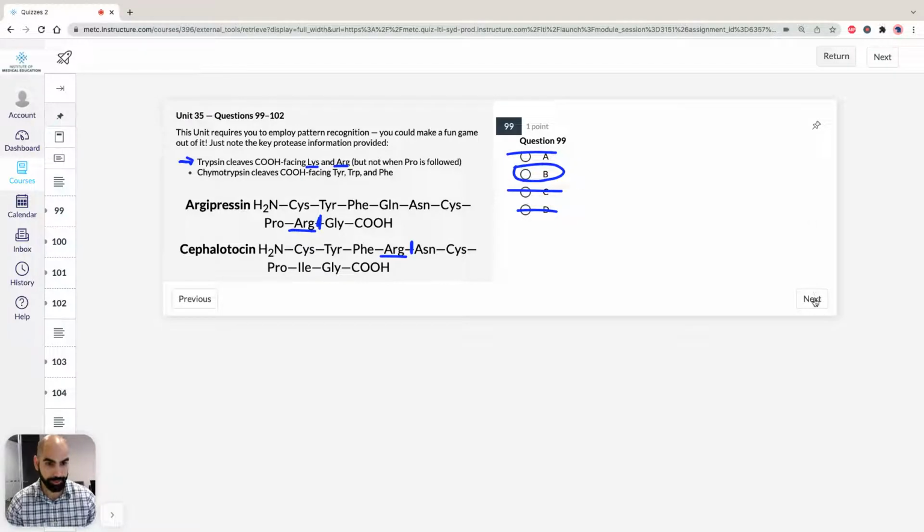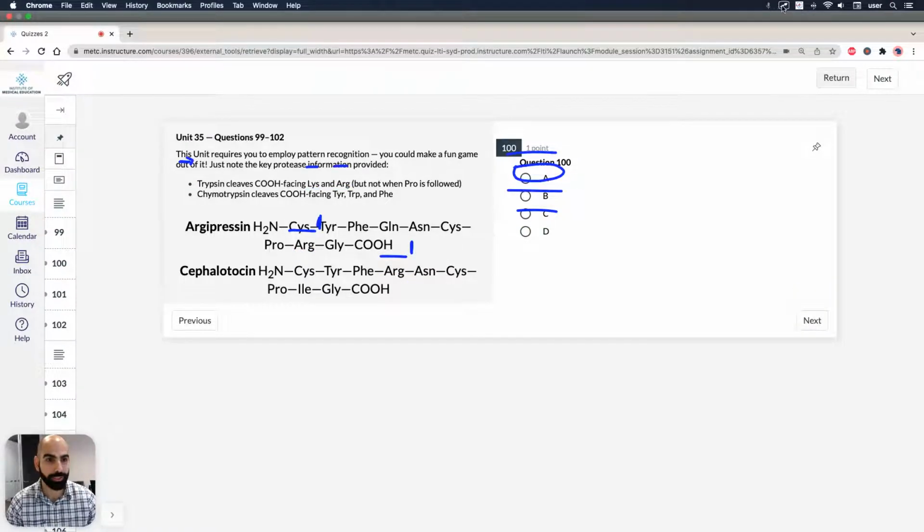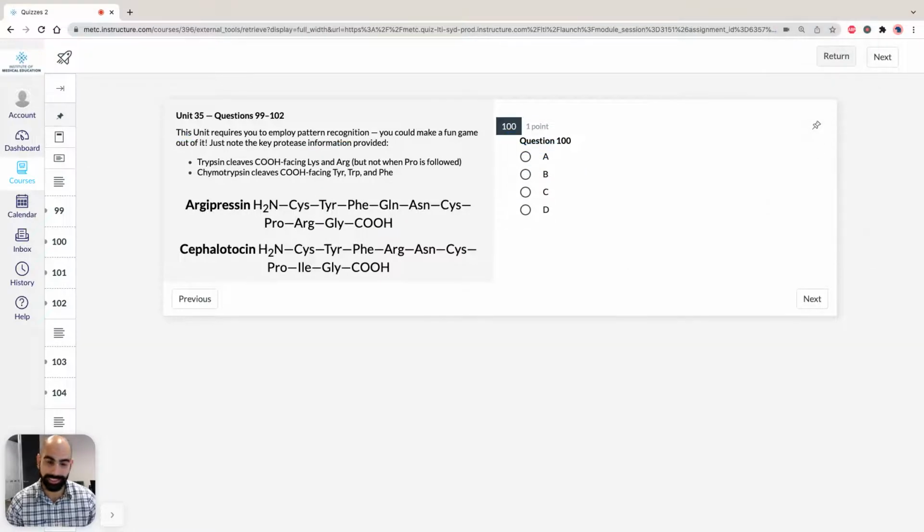Let's move on now to question 100. The game's just going to get even more fun now. Which amino acid could be isolated when chymotrypsin facilitates the cleavage of the nanopeptide argipressin? We know chymotrypsin cleaves tyrosine, tryptophan, phenylalanine.